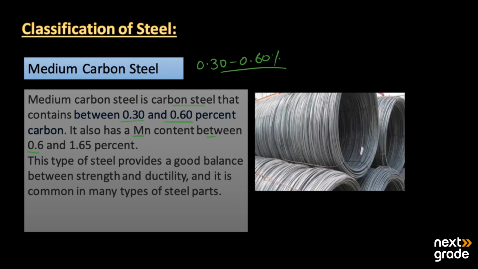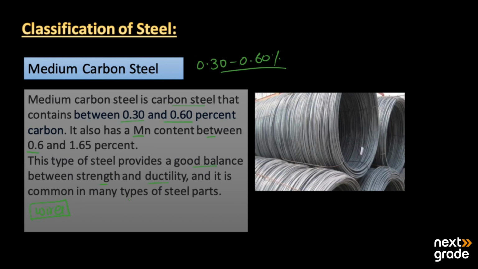This type of steel provides a good balance between strength and ductility. Ductility is the property by which steel can be converted into wires. This property is called ductility, and steel is ductile in nature.